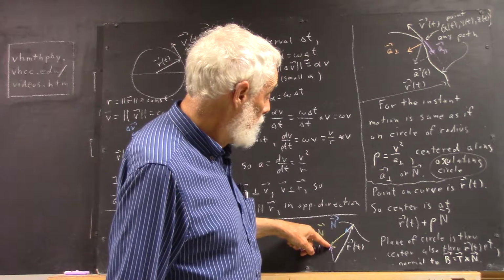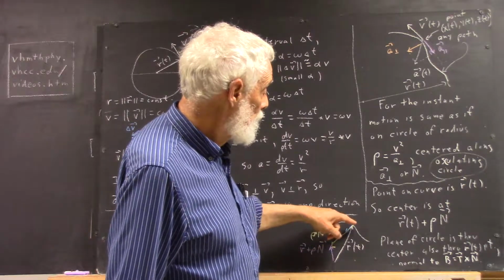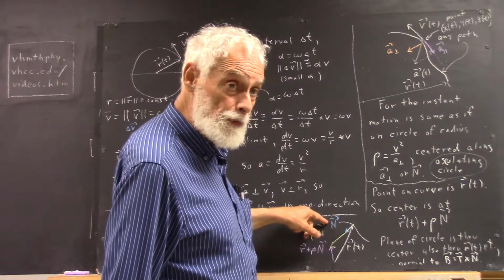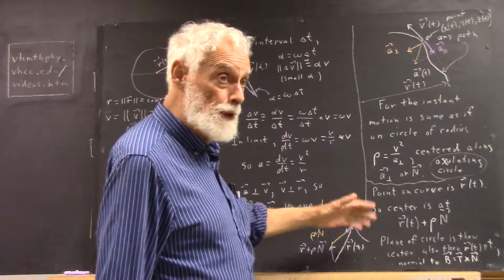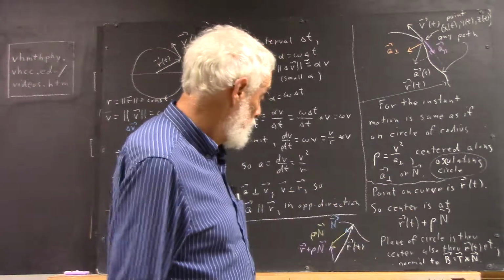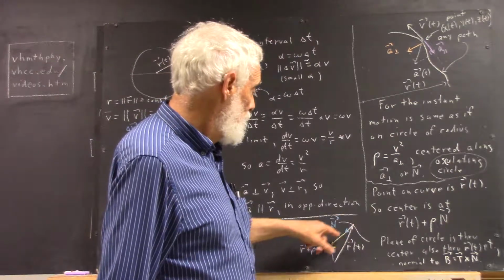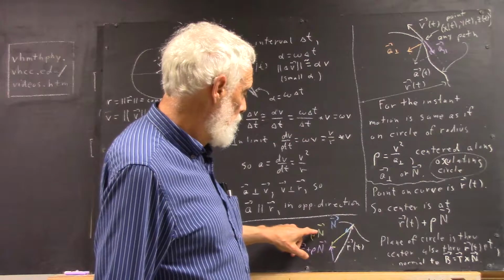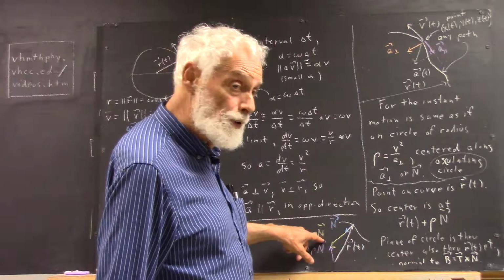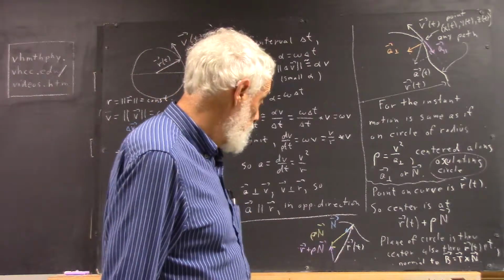Okay, well, how do you move a distance equal to the radius of your circle along your unit vector? The vector you move along is just your radius times that unit vector. So your yellow vector that goes from here to the center of the circle is just your radius, rho, times your unit normal vector.